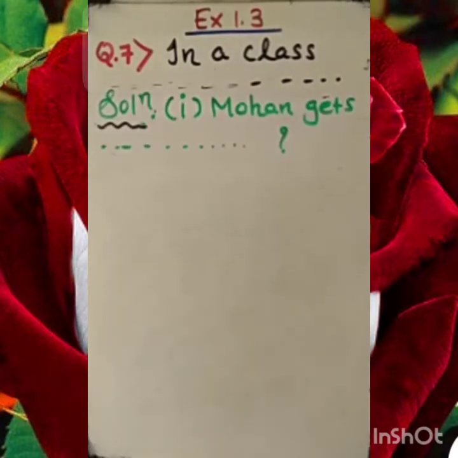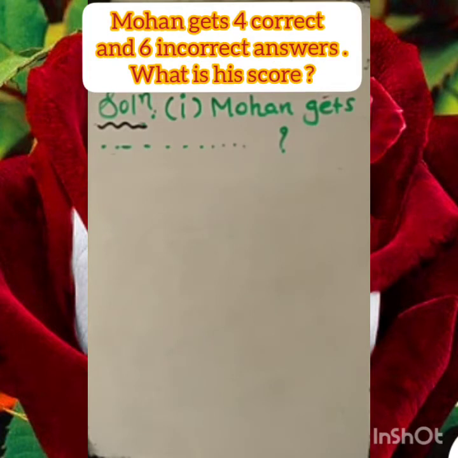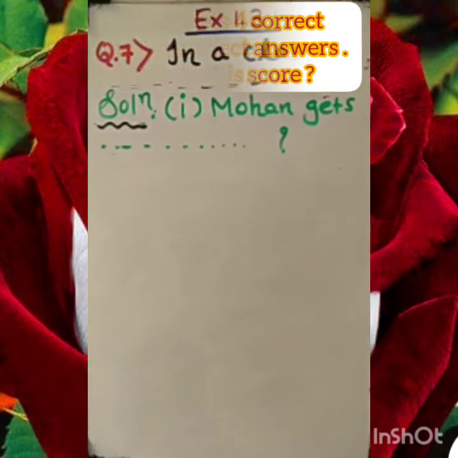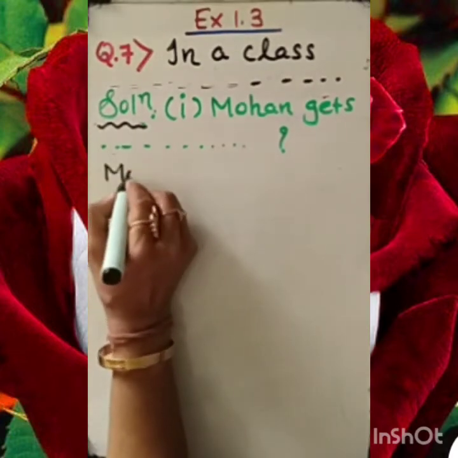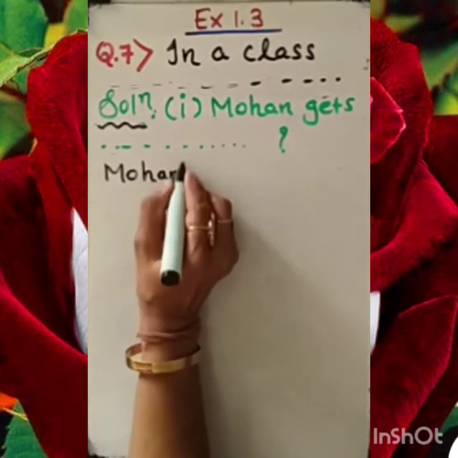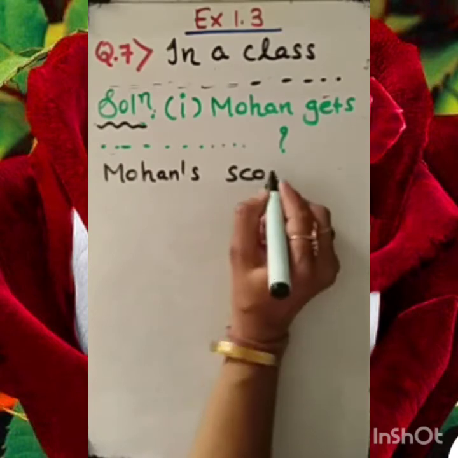The first part of the same question 7 says, Mohan gets 4 correct and 6 incorrect answers. What is his score? So we need to find Mohan's score.